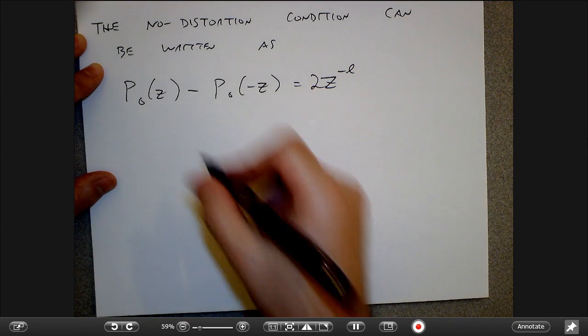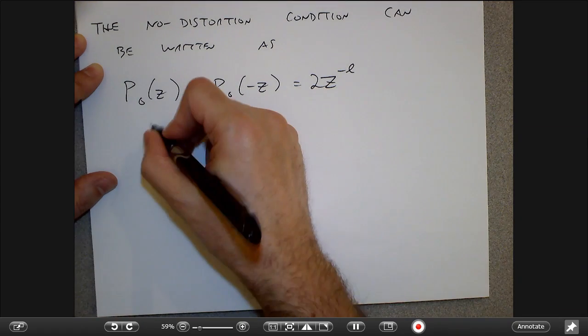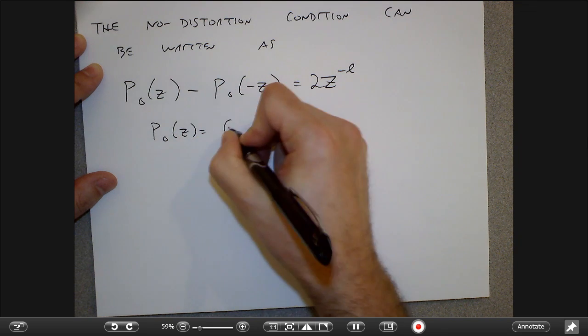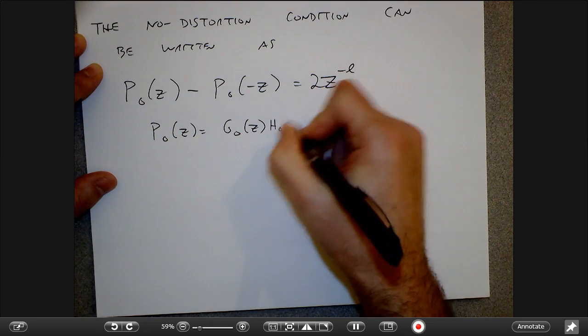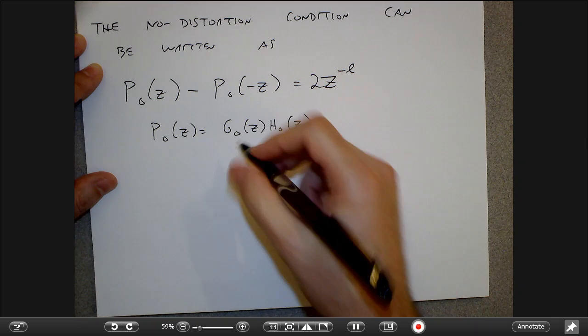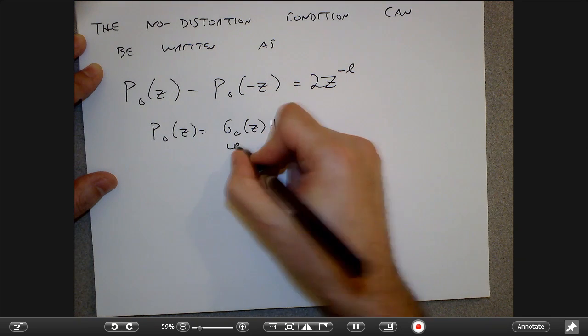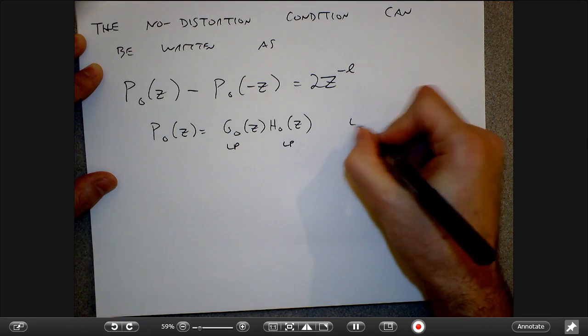So basically, remember that P0 of Z is equal to these two things. And kind of by definition, this is a low-pass filter, this is a low-pass filter, so this is also a low-pass filter.